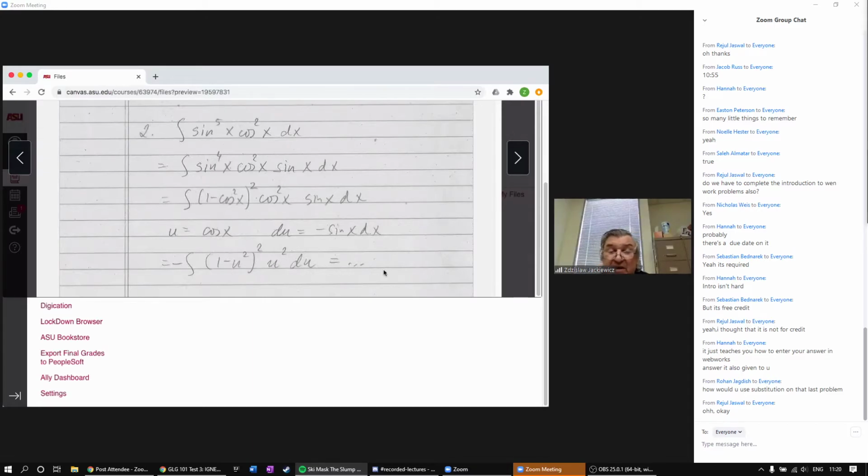I didn't finish, but that's a polynomial, so of course you can expand it. This is 1 minus 2u squared plus u to the power 4. You multiply by this and you integrate term by term. That's easy to do. Once you reduce things to a polynomial, more or less you are done, because integration of polynomials is easy. So we were able to reduce this trigonometric integral to an integral of a polynomial function.